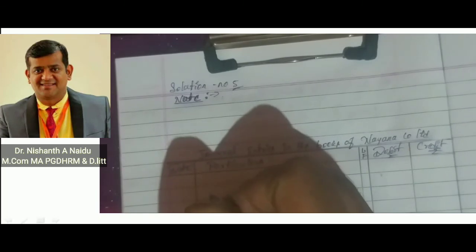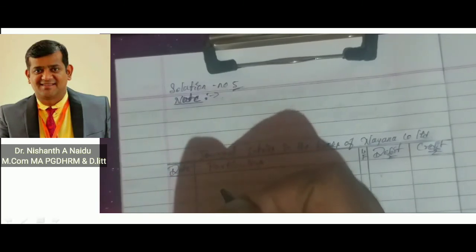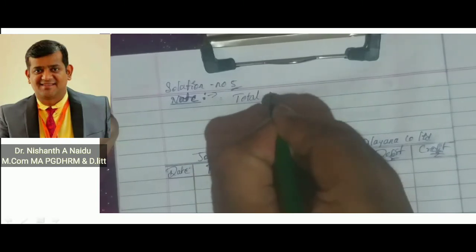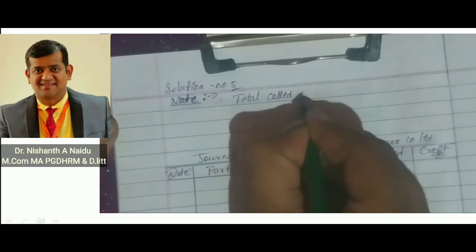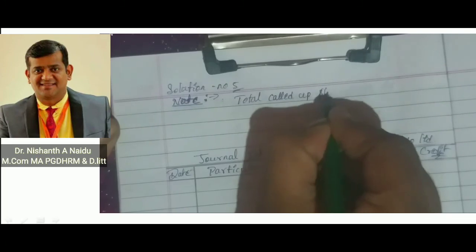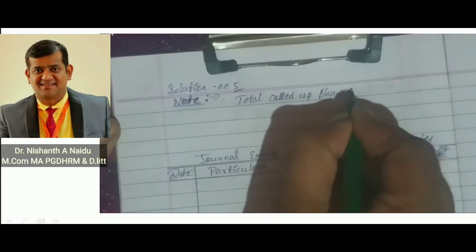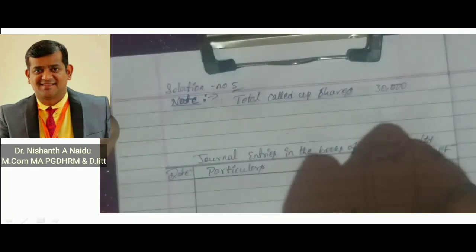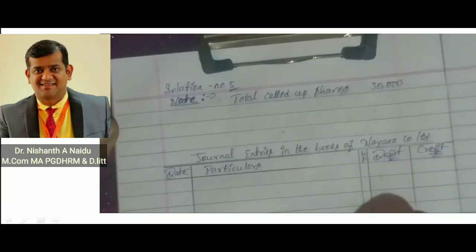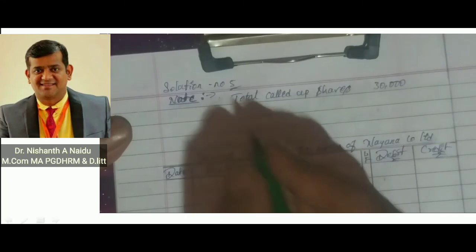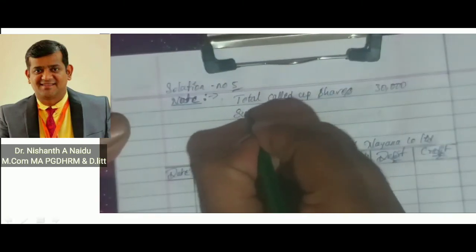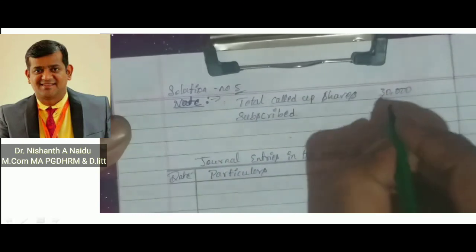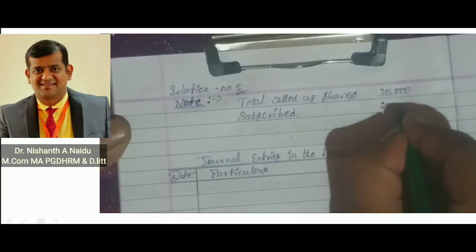Now, total called up shares. How many shares has the company called? 30,000 shares, correct? Now how many shares have been subscribed by the public? 20,000 shares.